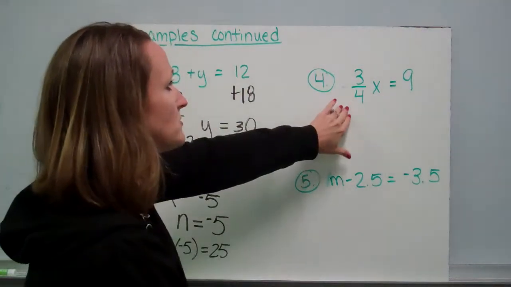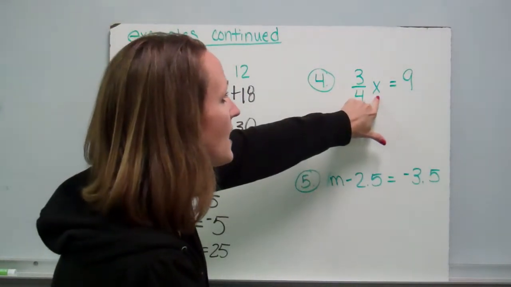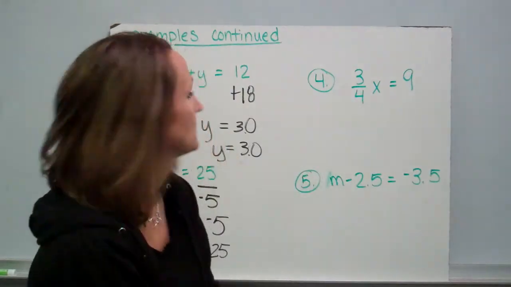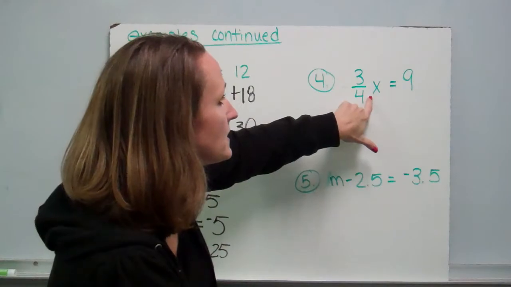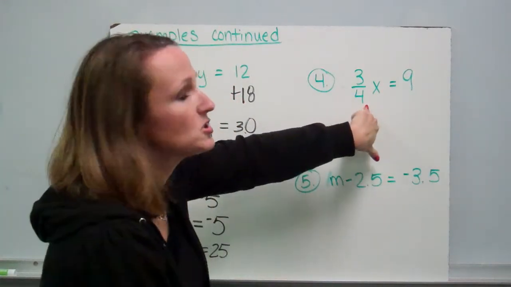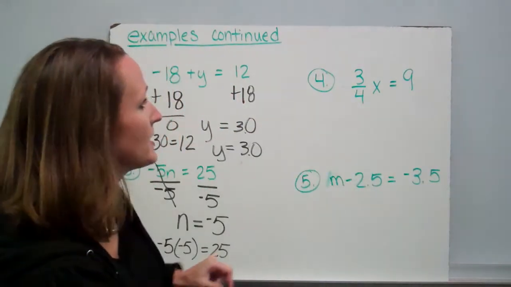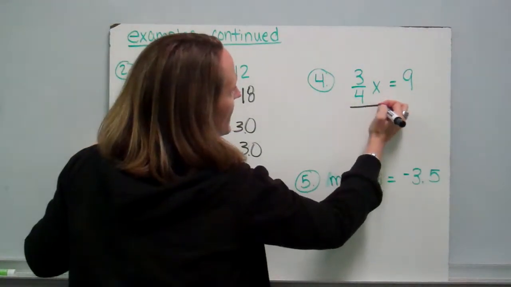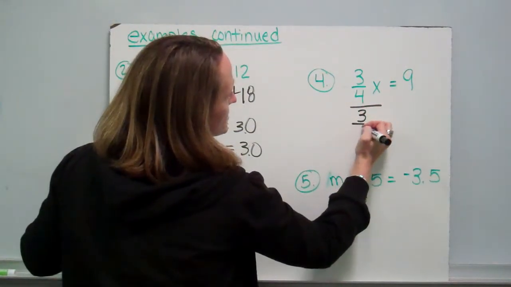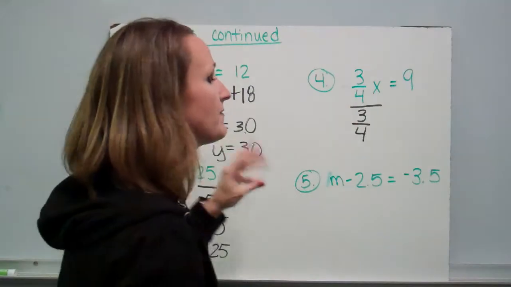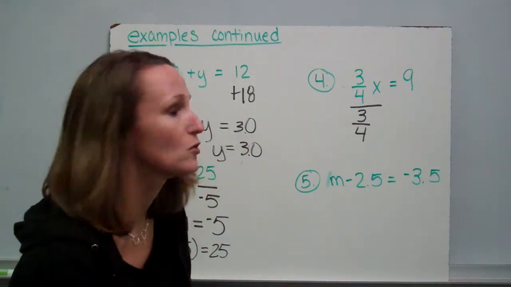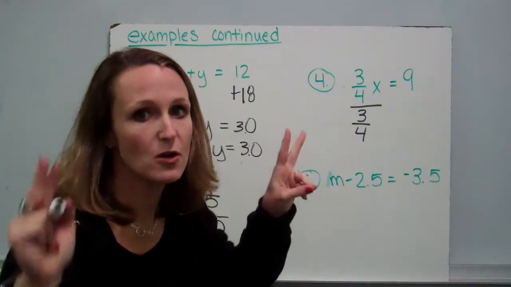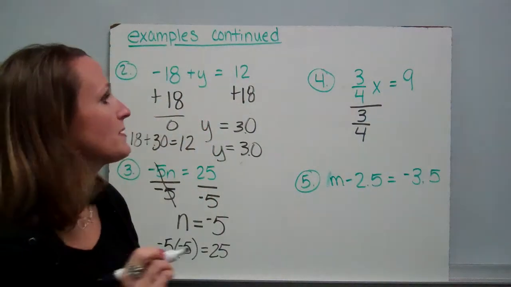So let's go up here and do this one. I have 3/4 times x equals 9. Okay, so for this one I'm multiplying here. To undo multiplication, I'm going to divide. So I want to divide by 3/4. Well, remember, dividing by a fraction is the same as multiplying by its reciprocal, where we flipped it over.